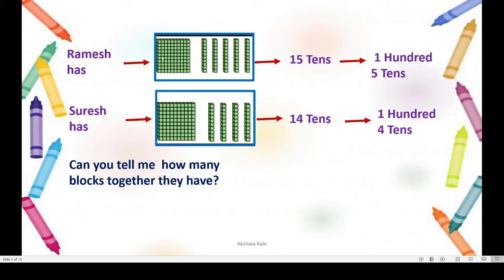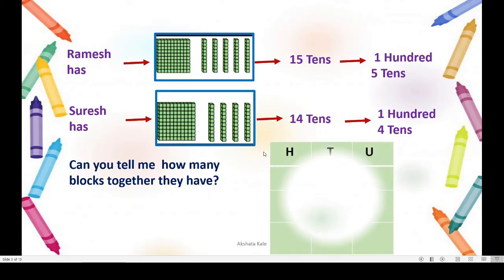Now this is 15 tens, and this is 14 tens. Now we will add these two, means both having so many blocks, we will add them. See here, this is a table. I have written here units, tens, hundreds. Now in Ramesh's case, how many units are there? Single block, can you see here?